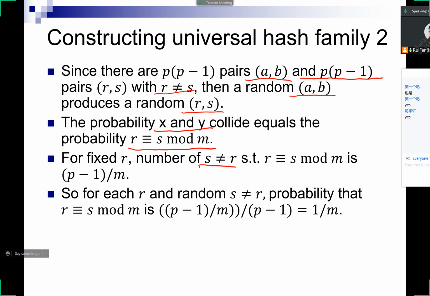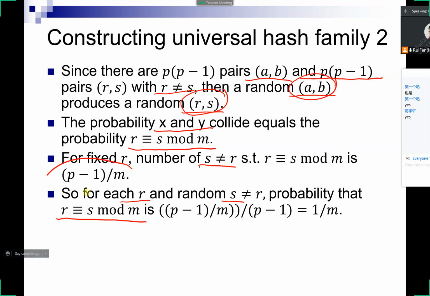Now we know that when you select a random AB, you're going to get a random RS out. So that means that if you fix R, if you condition on an R, then the S that you get out is going to be random with respect to R. So what is the probability that R and S are actually congruent modulo M?